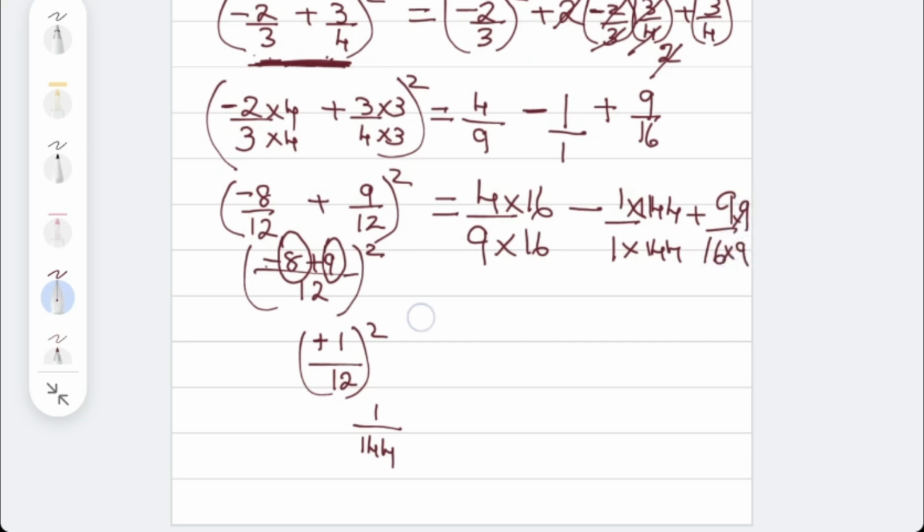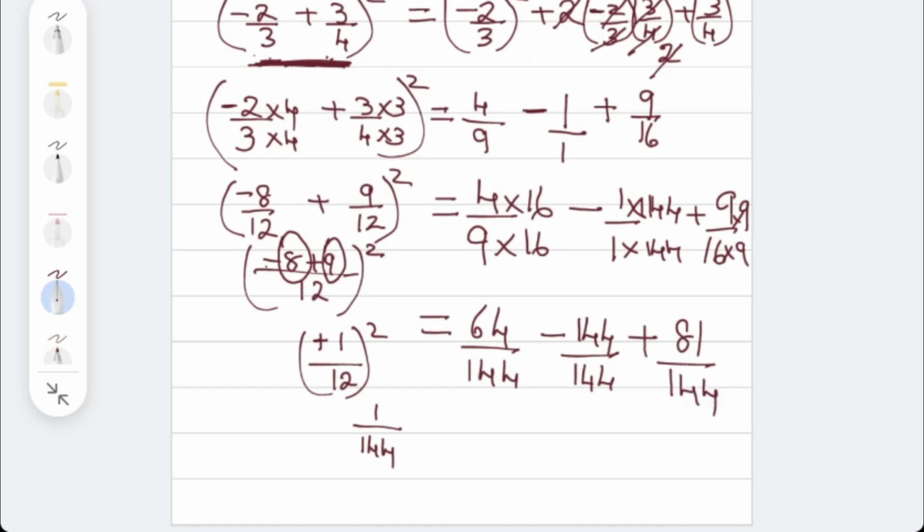So what do we get here? 16 into 4, how much is it? You will get 64 divided by 144, minus 144 divided by 144, plus 9 into 9. How much is 9 into 9? 81, and here it is 144.